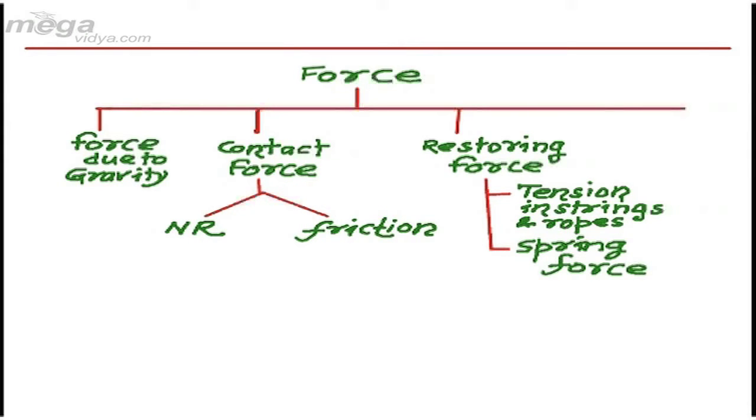The next category which I am using here is about the pseudo force, which is caused due to wrong observation, or you can say due to observation with respect to a non-inertial reference frame. As you know, non-inertial reference frame is the frame of reference which has some acceleration with respect to ground.